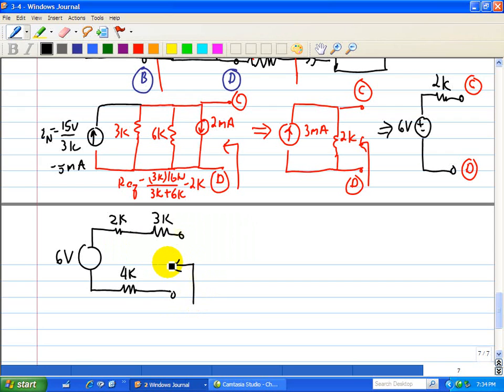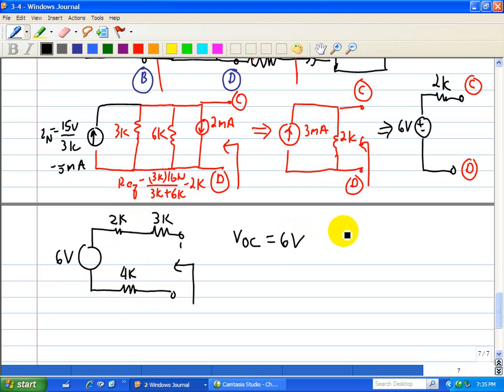Now when we simplify this, doing the open circuit voltage VOC with the open circuit load, which implies R is infinity, so no current is flowing through here, we have 6 volts. When we place a short across here, we have 2K, 3K, and 4K in series, and that's the same current going through these 3 devices when we have a shorted load.